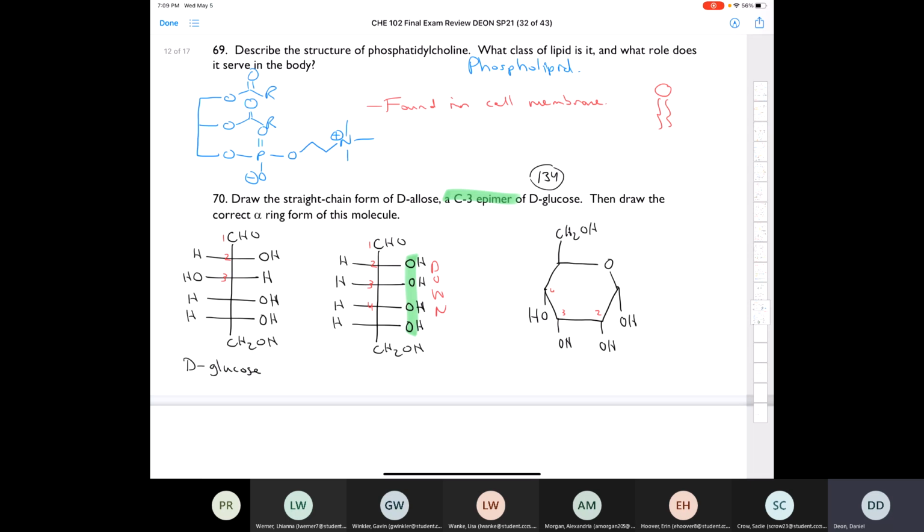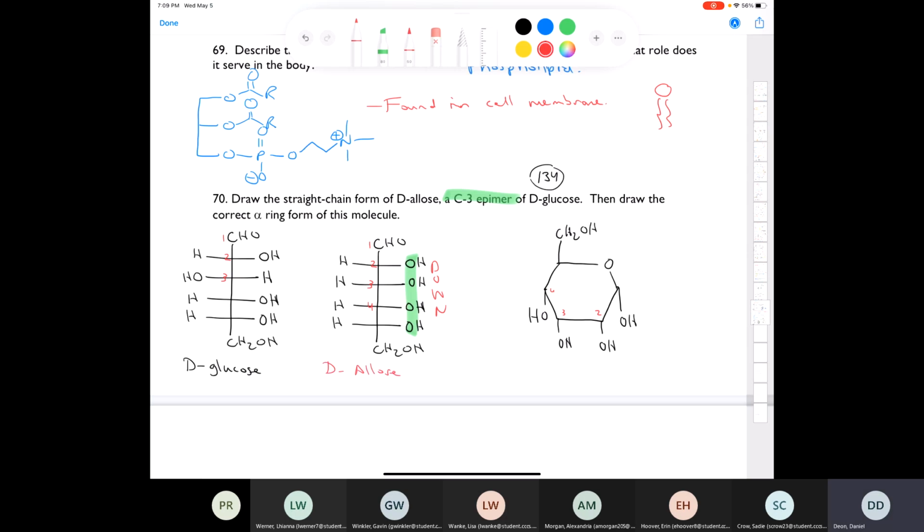And so what we have drawn here is the straight chain form of D-allose, and then we have the Haworth projection of alpha D-allose, because the anomeric carbon is pointing down, the hydroxyl on it is pointing down, which renders it alpha.